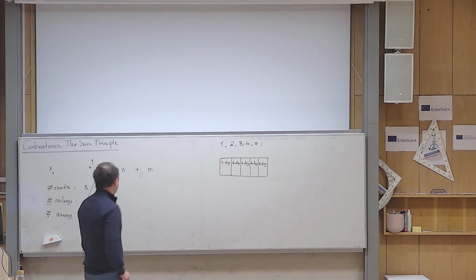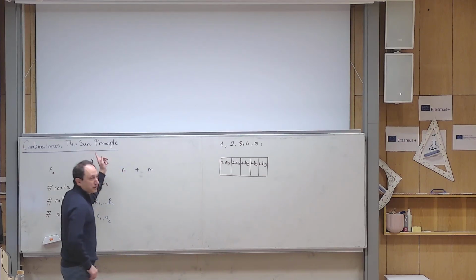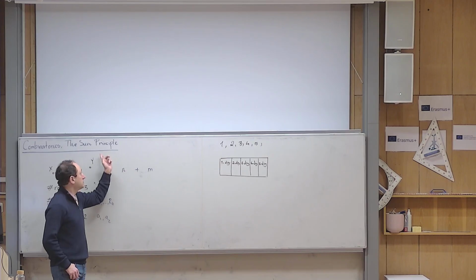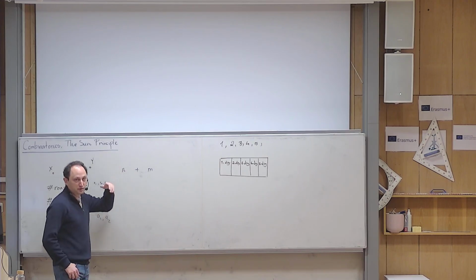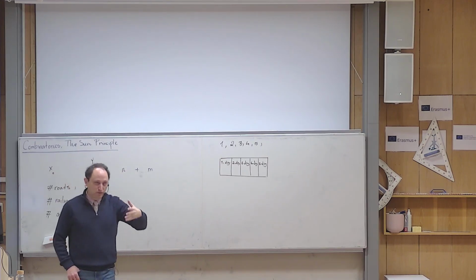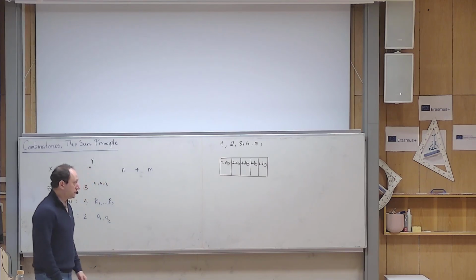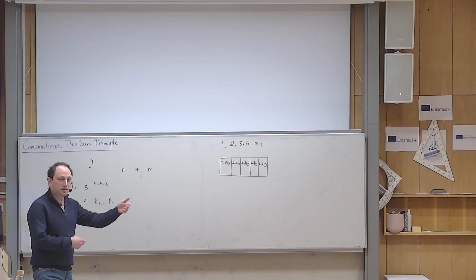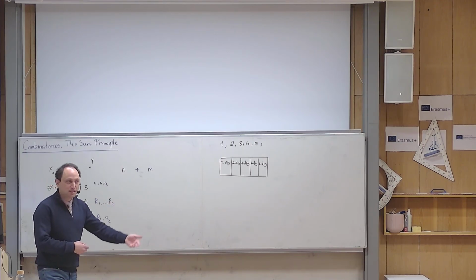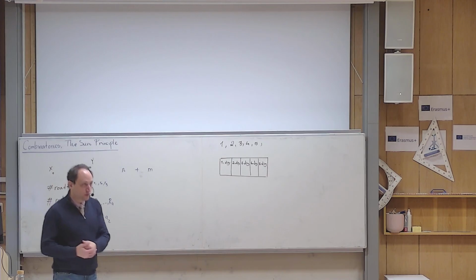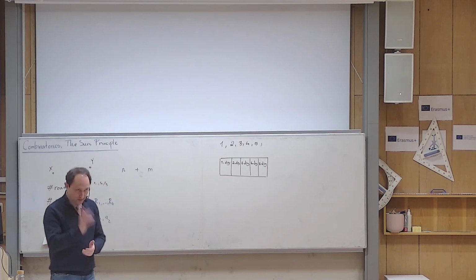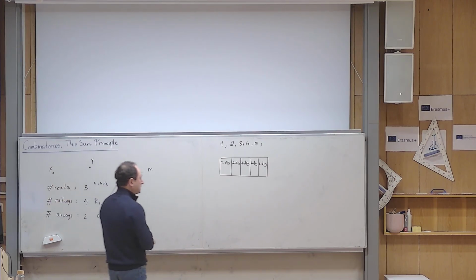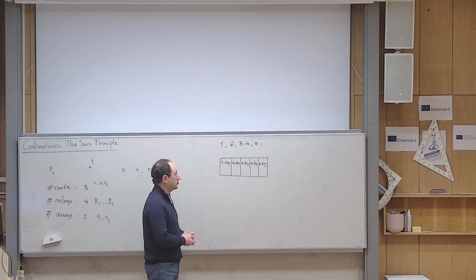When you want to use the sum principle, compared to the product principle, do you remember what you have to be careful about? When I wanted to use the product principle, I have to make sure that the number of ways that I can do stage 2 is independent of how stage 1 is done. That was the important point for the product principle.